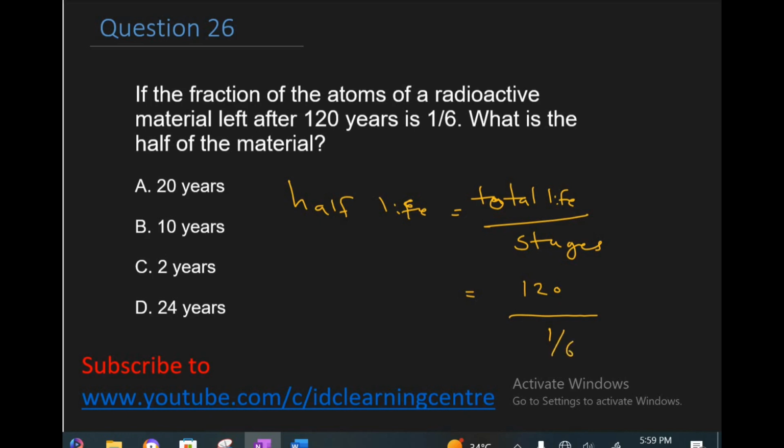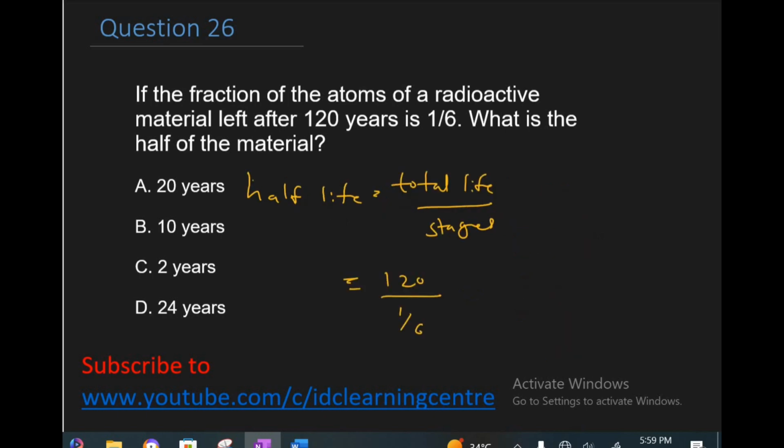So what we've written now is going to be the same as 120 divided by 1 all over 6.